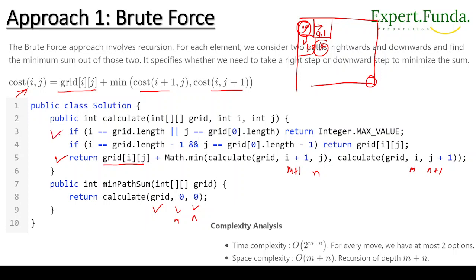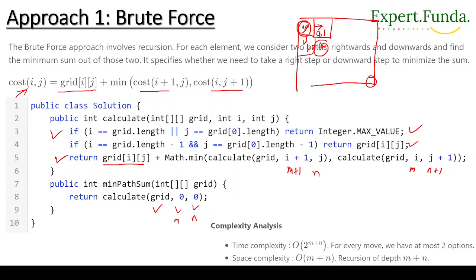Okay, so two questions are there. If we reach the point where I is equal to the length and j is equal to the length, it means this is empty. In that case the max value will be returned. Otherwise, if we are at the last index, we have to return grid I and j.